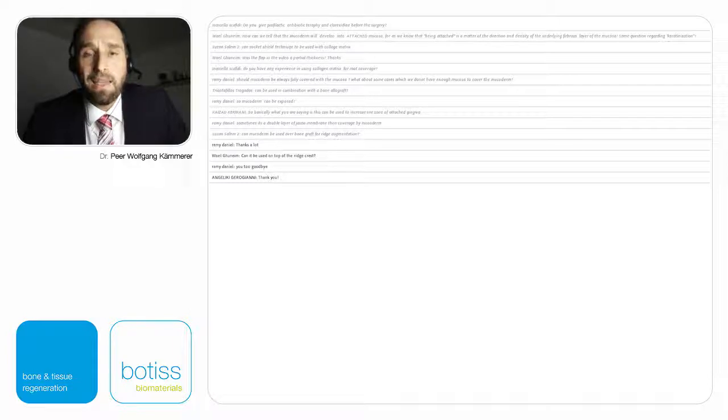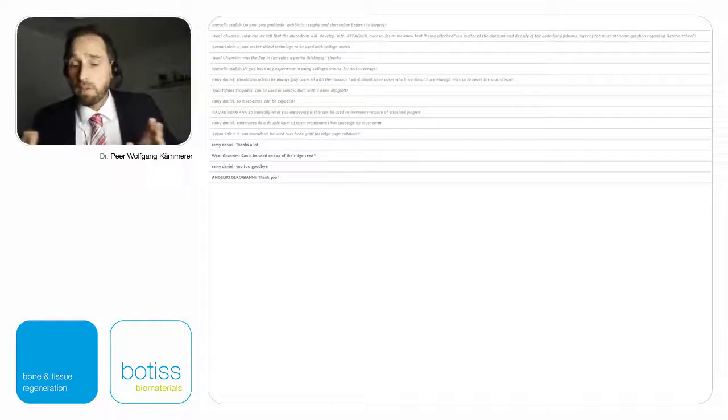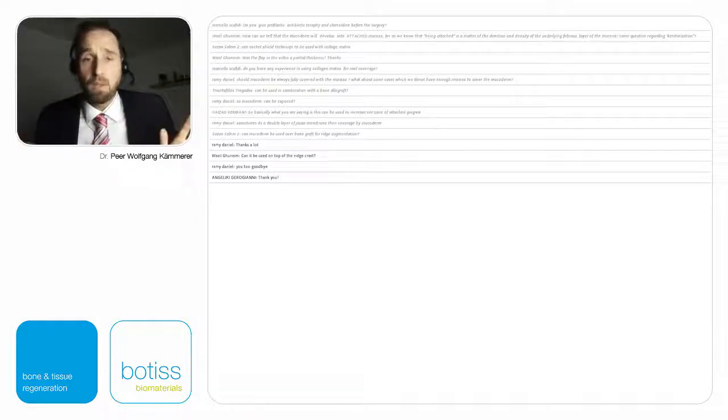Vestibuloplasty is needed in a lot of cases in order to prevent periimplantitis, for example, and it can be safely used for these purposes. That's possible. You can use a double layer of Jason membrane, then coverage by mucoderm. It's possible, you can do it, of course.